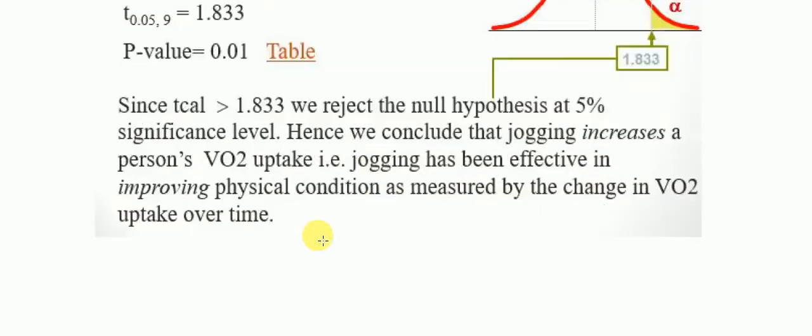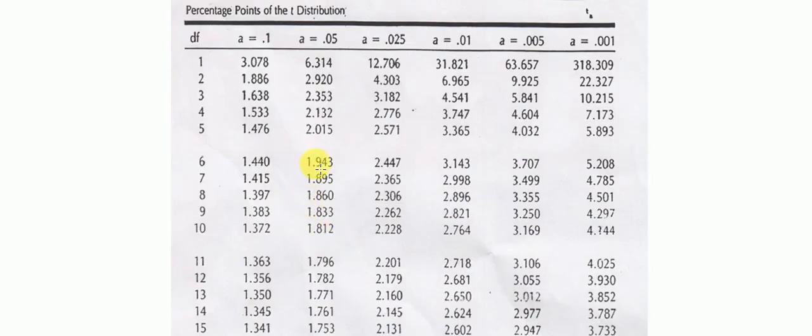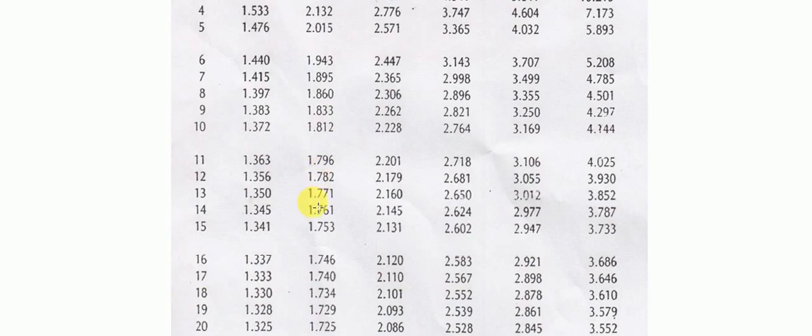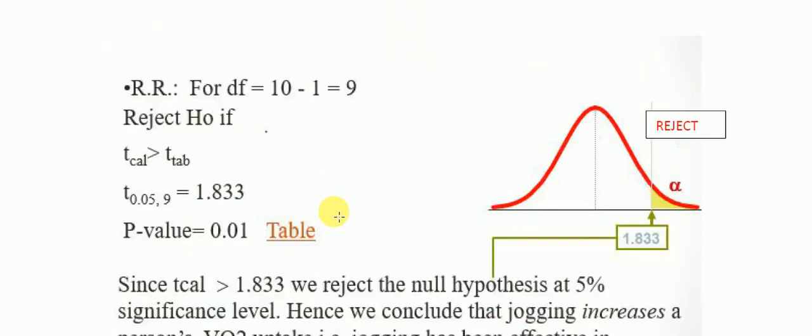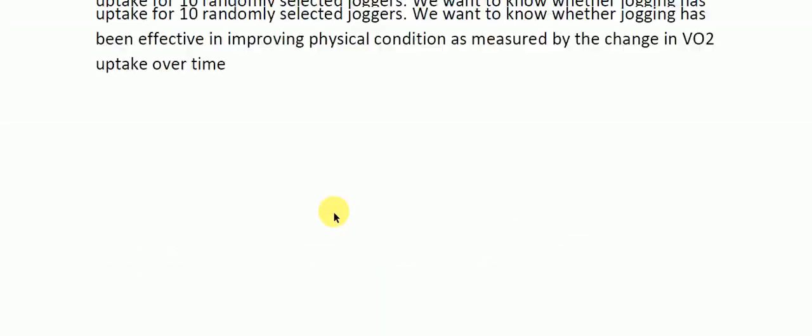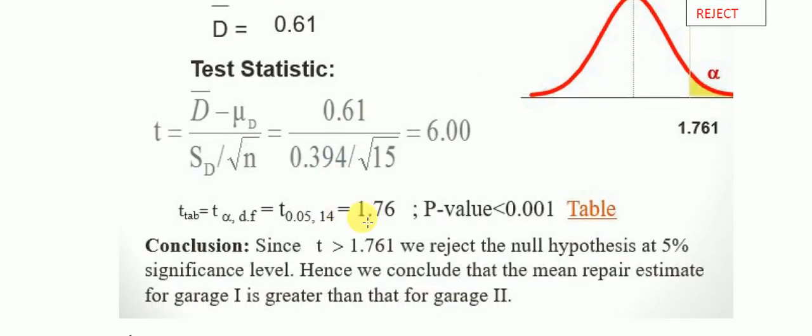We'll go to a t table, look at 0.05 over here and 14. So the answer is 1.761.